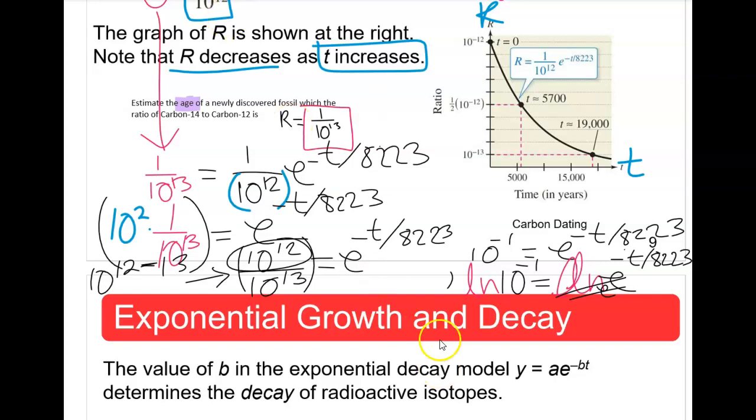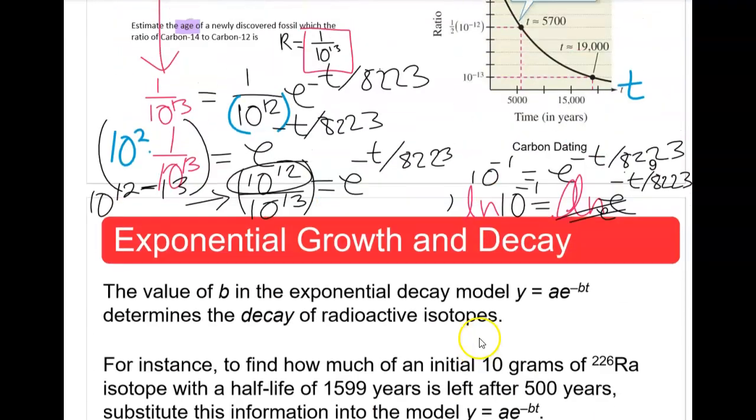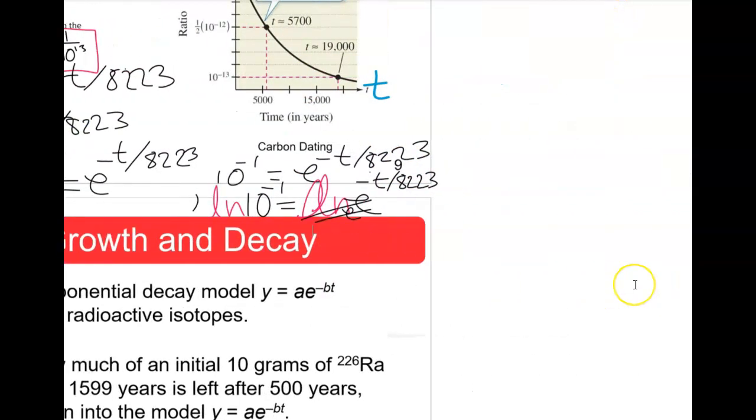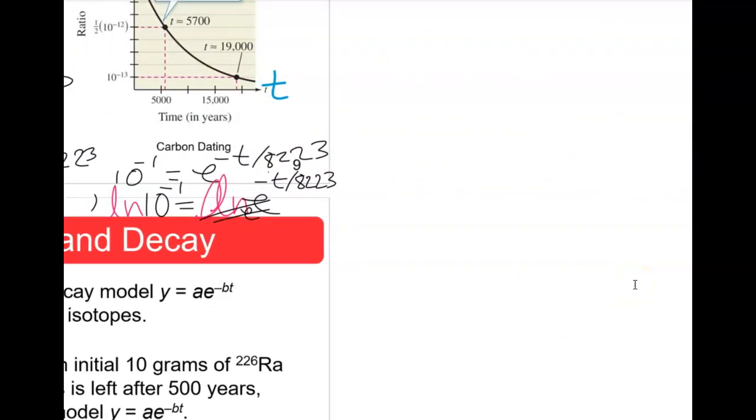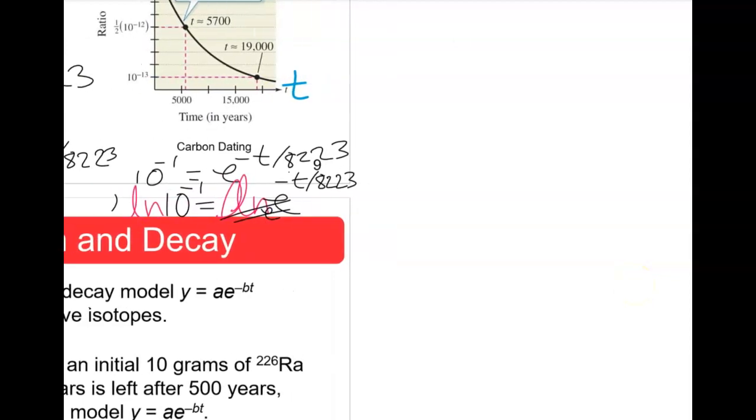And this is going to allow us to make the negative t over 8,223 not an exponent, but a linear quantity. And then on the right side, we just have natural log of 10 to the negative 1.